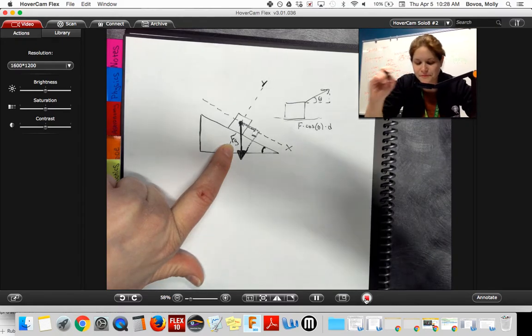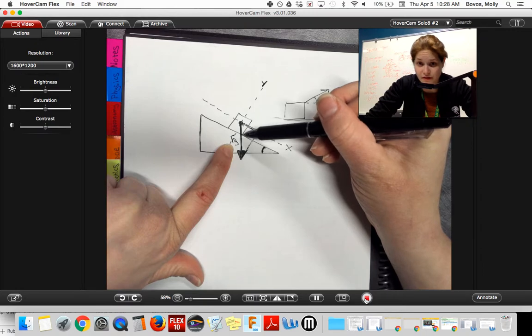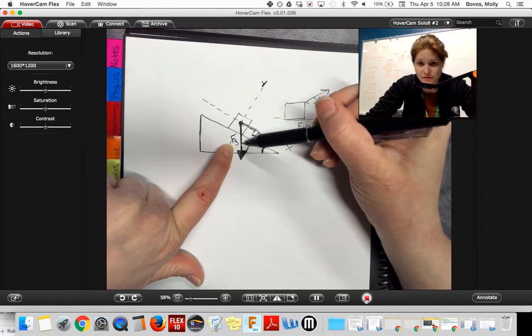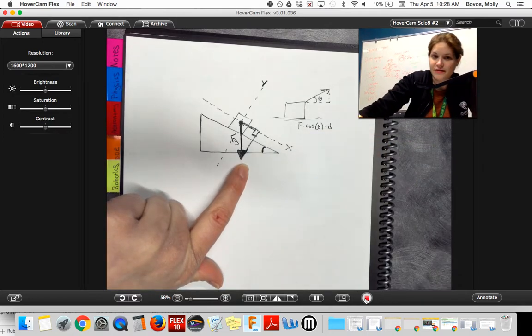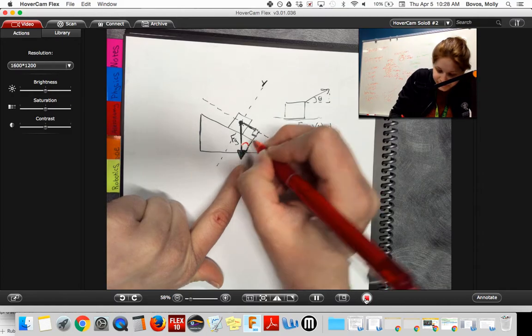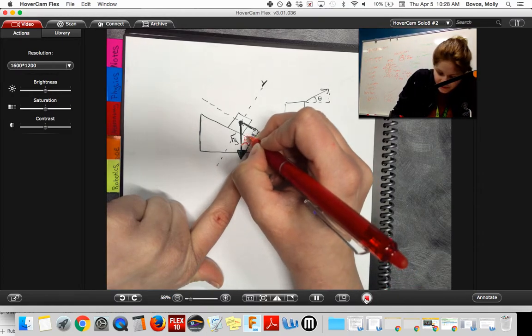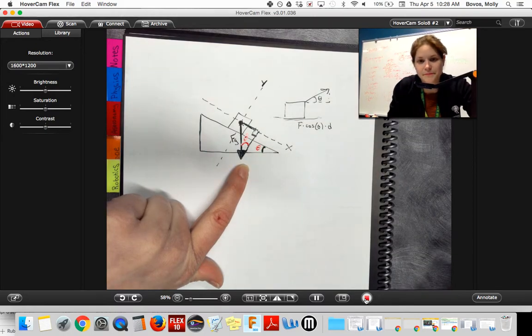Not actually true. You know the hypotenuse. That's the weight of the object, how heavy it is in newtons. And you actually know the angle that's down here at the bottom of this triangle, because this angle right here is actually the same as this angle right here.